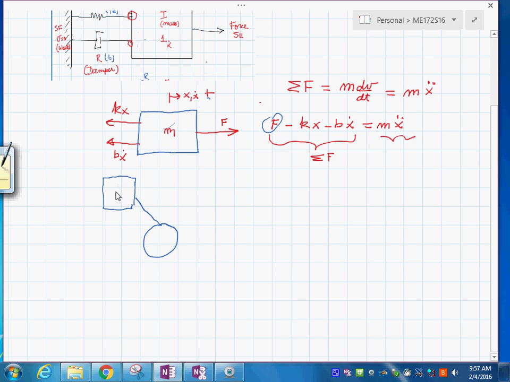This is the F. Then you have minus k times x, and here you have minus b times x dot, and this equals m x double dot.